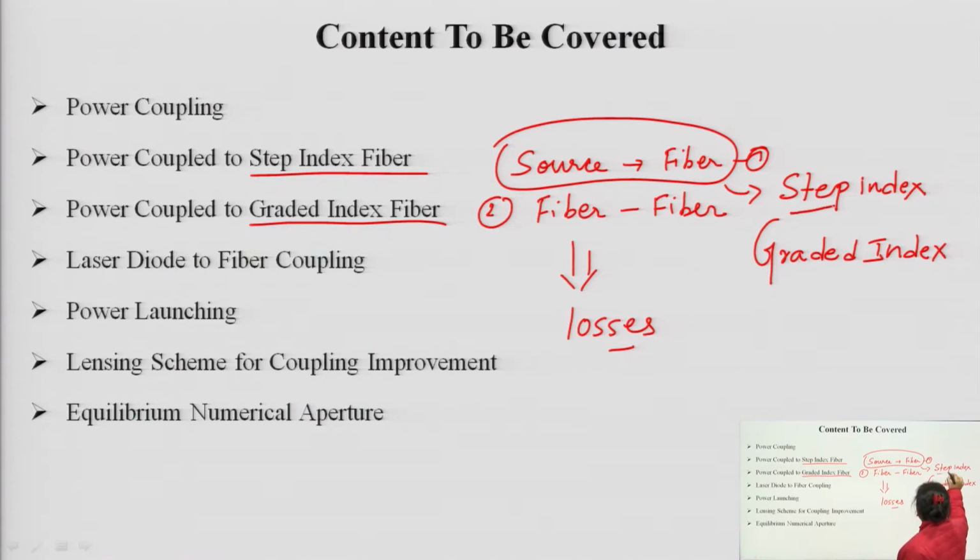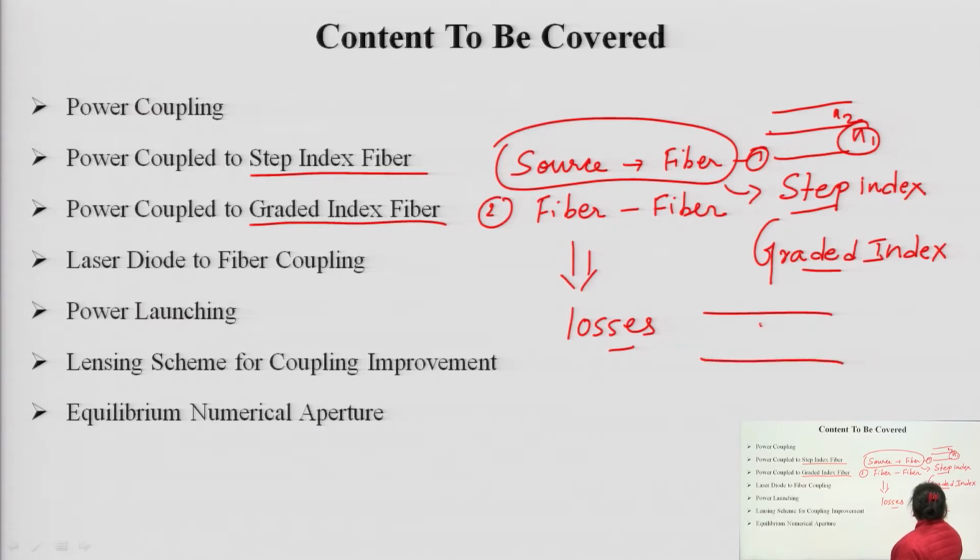Just have a recap for you. For step index fiber, whenever we talk about the core and cladding, the refractive index of the core remains constant throughout the dimension of the core. But in the case of a graded index fiber, the refractive index is a function of radius and keeps on varying as its distance changes from the center of the fiber to the end of the fiber core.